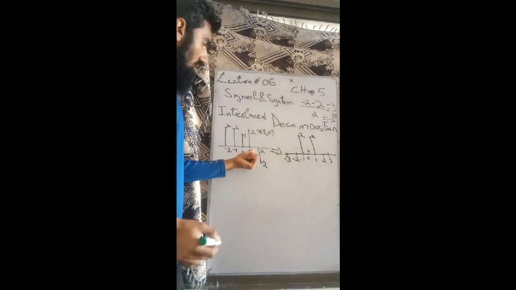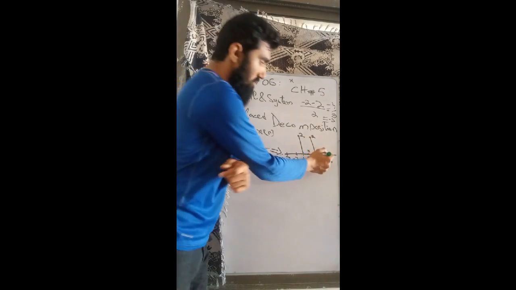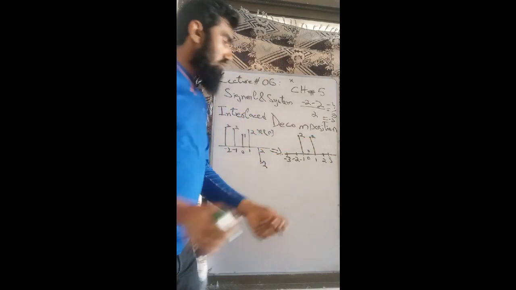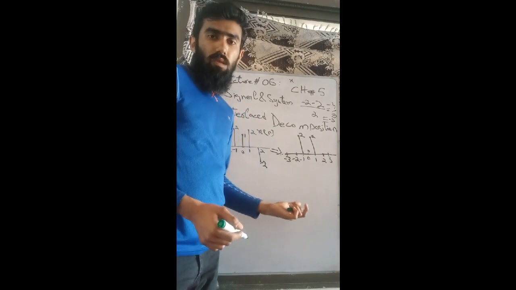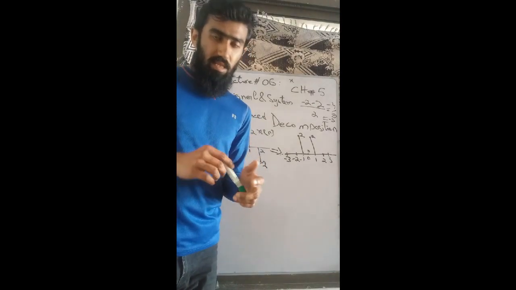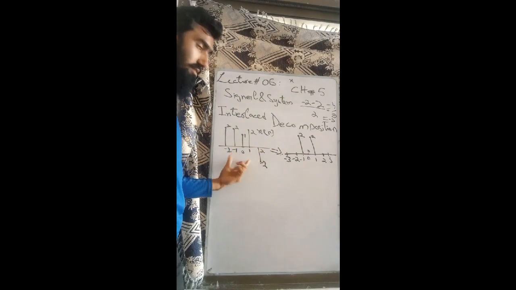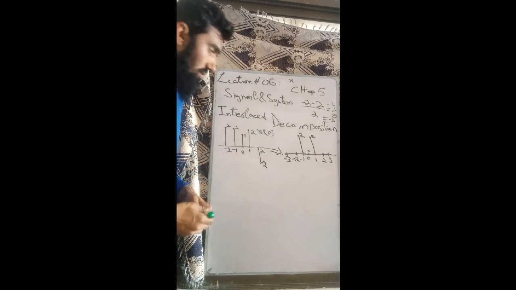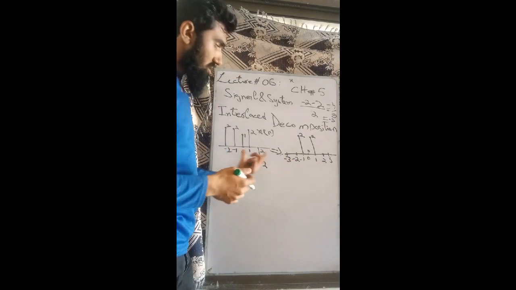At 2, it is an even index, so we are supposing that its value is 0. So at even indexes we have taken the value 0, and at odd indexes we have taken the same values that are given in our complex signal. This is one part of the decomposition of this complex signal.